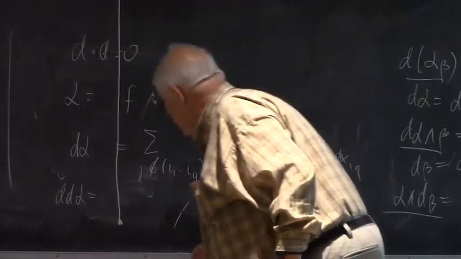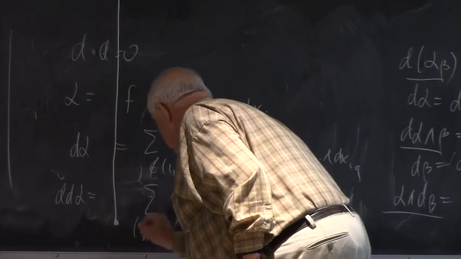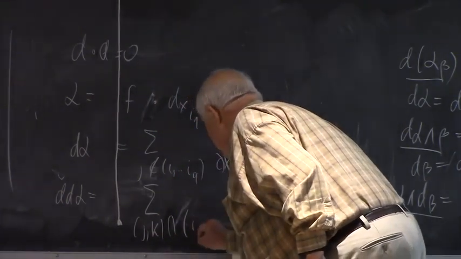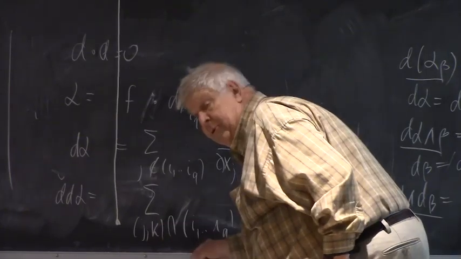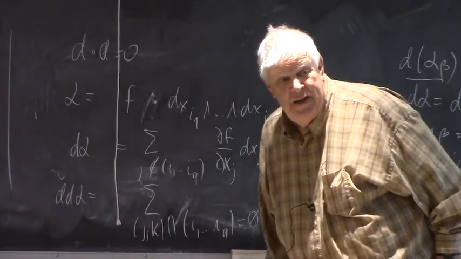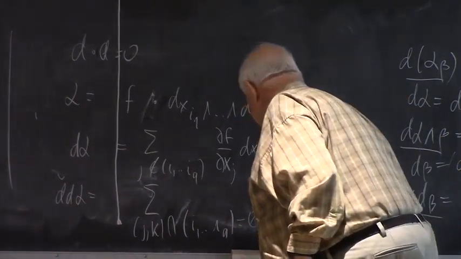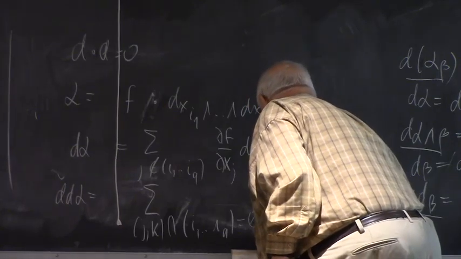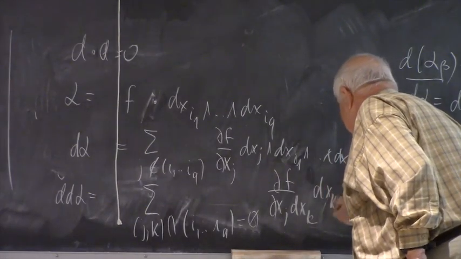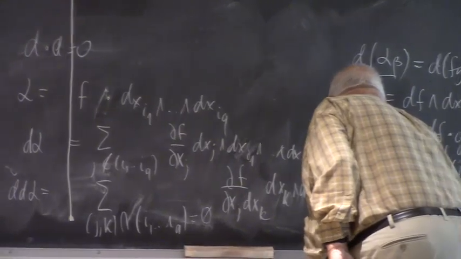And I will have the sum over j, k, j not equal to k, not intersecting with this set, and this will be d squared f over dx_j dx_k times dx_k dx_j, and then everything else, dx_{i1} and so on.